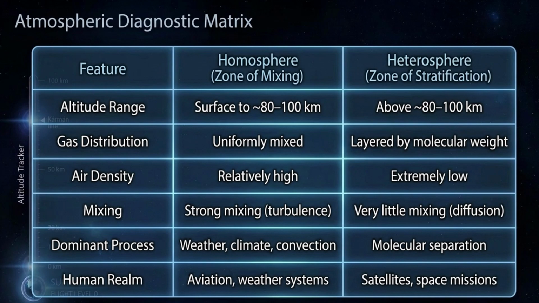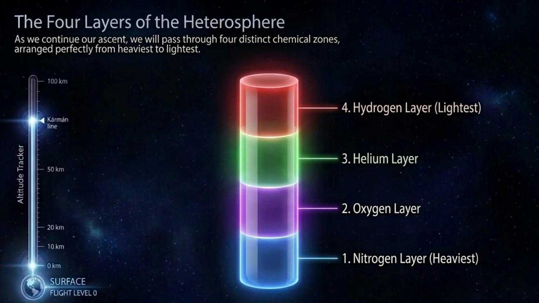Finally, the human activities associated with this region are different. The homosphere is important for aviation and weather systems, while the upper atmosphere and space environment is important for satellites and space missions. So, the easiest way to remember the difference is homosphere means mixing while heterosphere means stratification or separation.